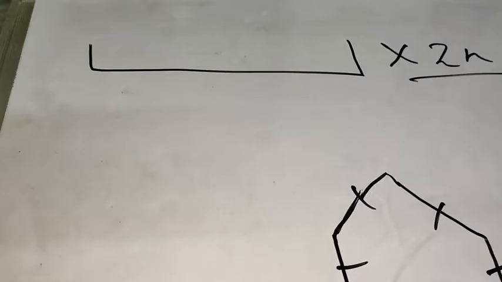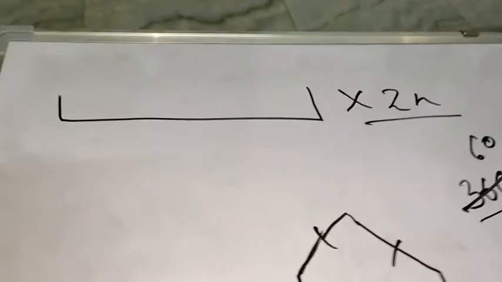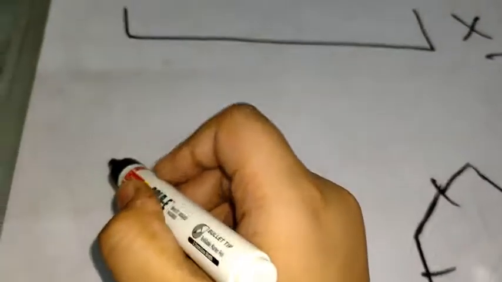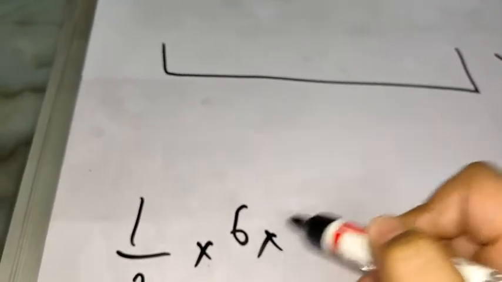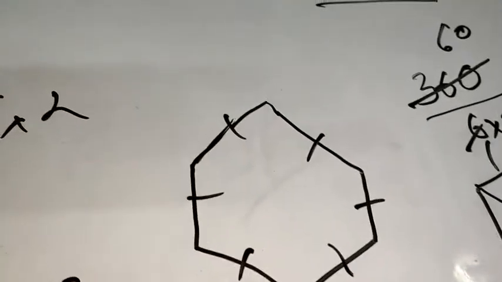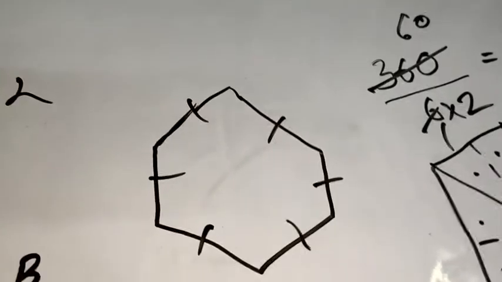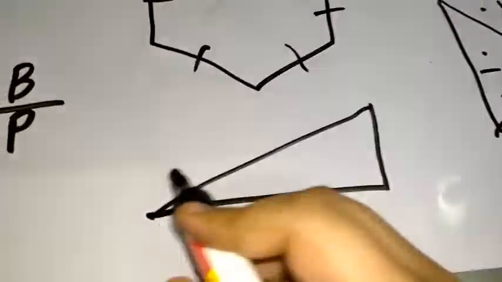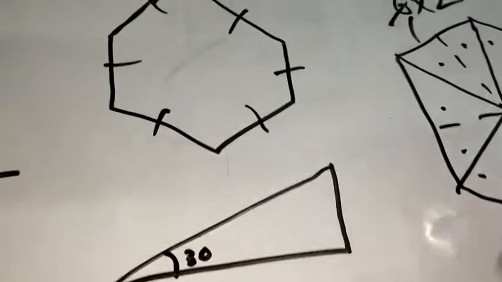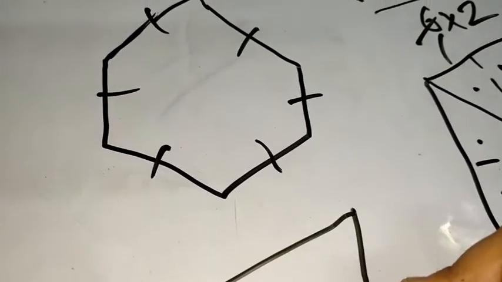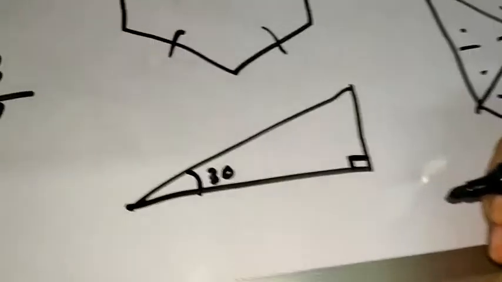So how will we take it out? We know the formula for the area of a right angle triangle is half into base into height, which is just the simple formula. So what is the base, right? First let me draw this triangle in front of you. Here it is, and this angle is 30 degrees in the case of a hexagon, and this is 90 degrees.